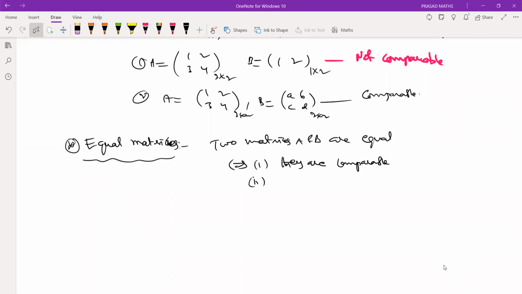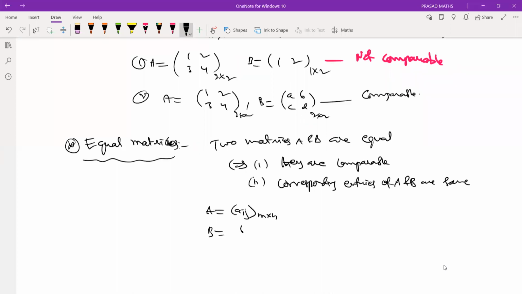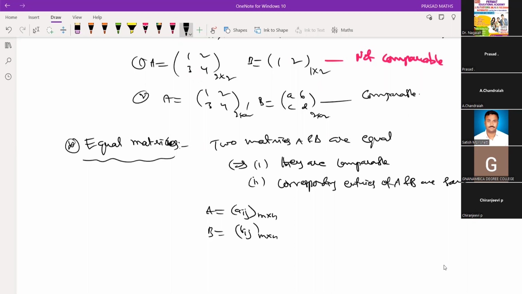Second, corresponding entries or elements of A and B are the same. Suppose A equals a_ij and B equals b_ij, both of order m cross n. So the order must be the same for A and B to be equal matrices.